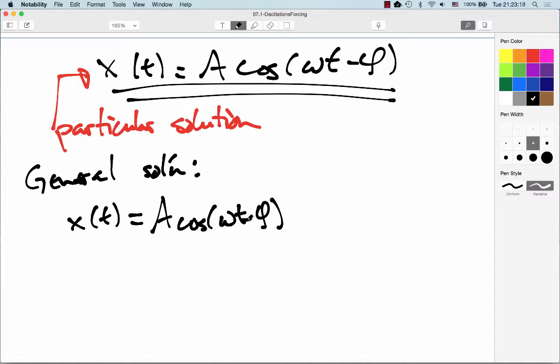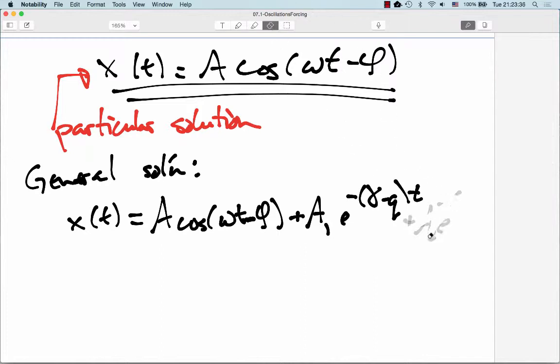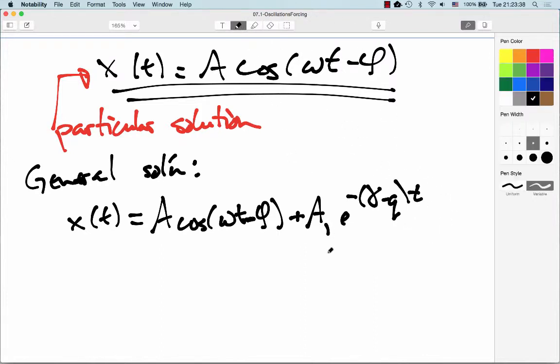And then going back a couple videos in our notes, plus some a1 e to the minus gamma minus q times t, plus some a2 e to the minus gamma plus q times t.